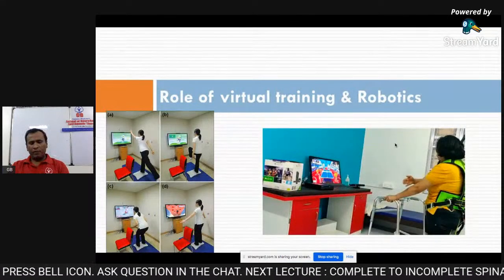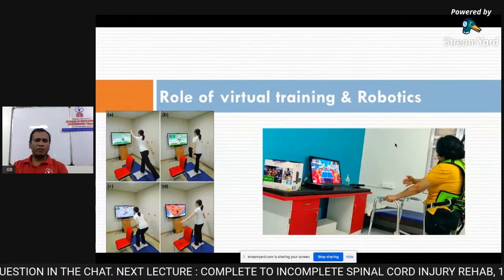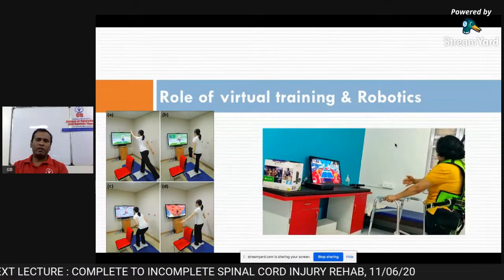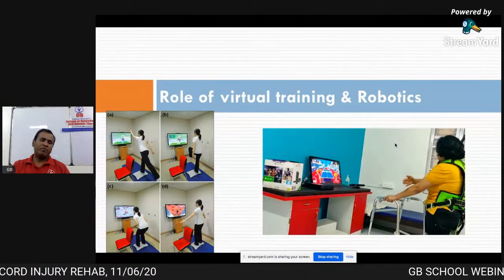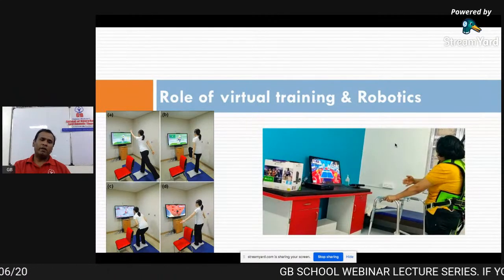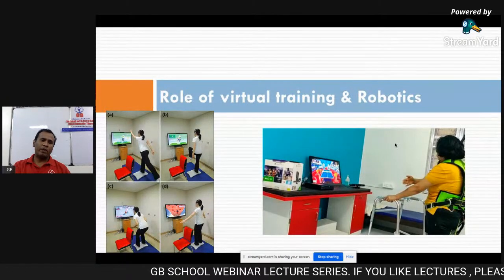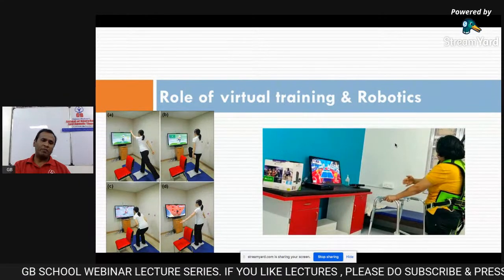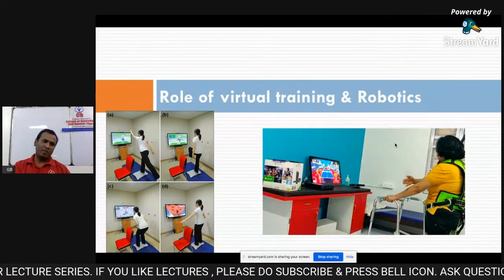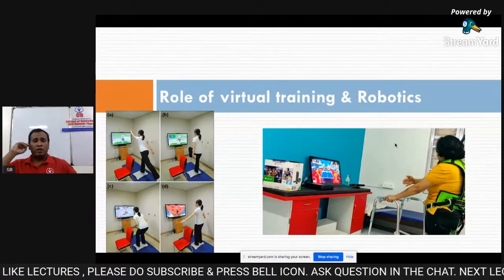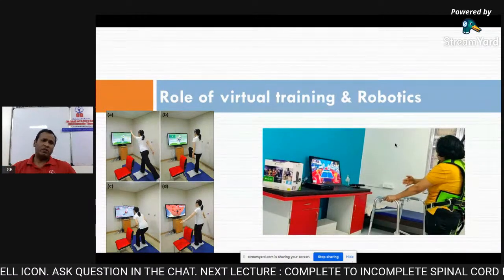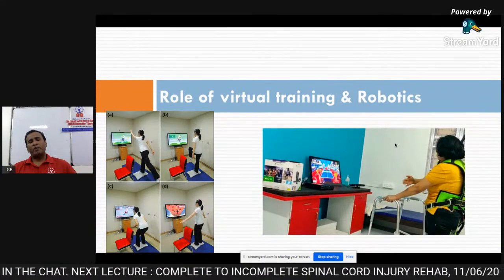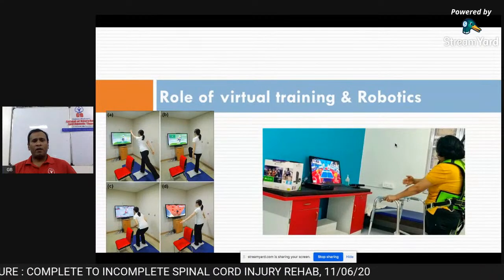So in the end, we are going to discuss the role of virtual reality training and robotics. As we were discussing, if you are trying to get the environment more enriched, you can use real life situations or make modifications in the rehab department, or you can create a virtual training session. Nowadays these virtual reality training equipments are very commonly available.